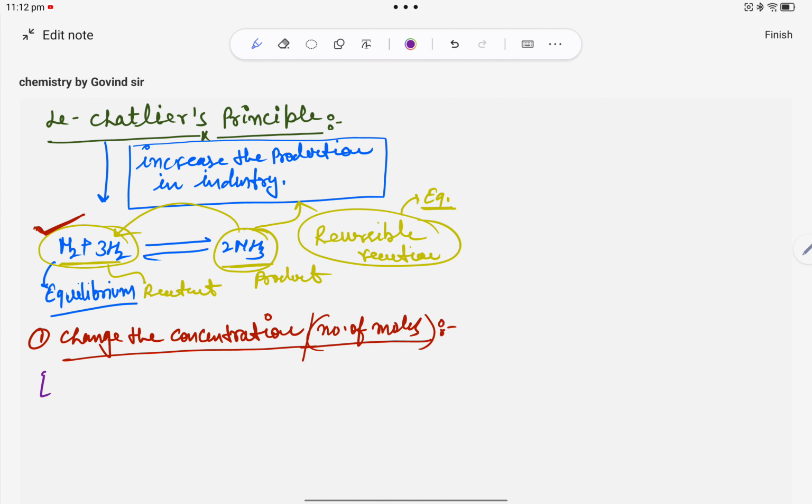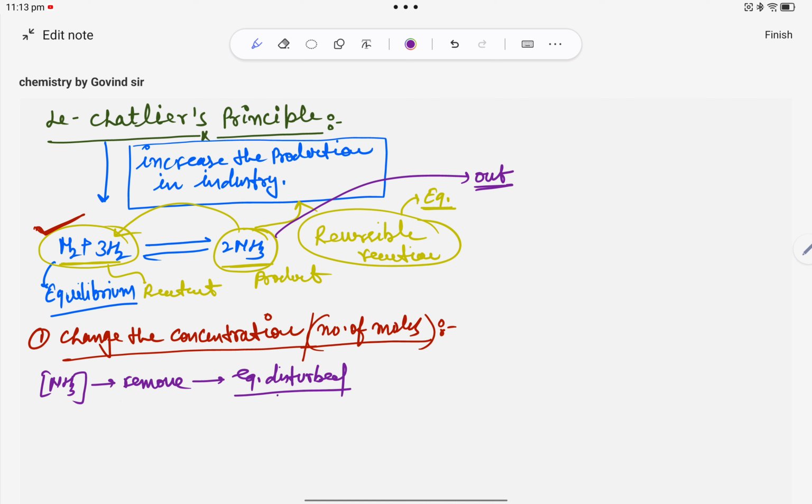Suppose in this reaction, whatever ammonia is produced, you remove that ammonia. Remove means you take it out from here. Then what happens? If you do this, the equilibrium is disturbed. If the equilibrium is disturbed, then what does the equilibrium want?